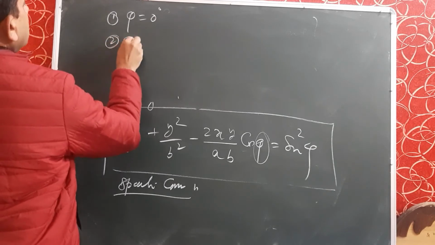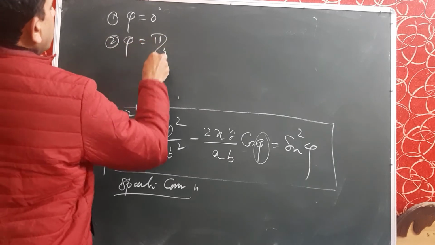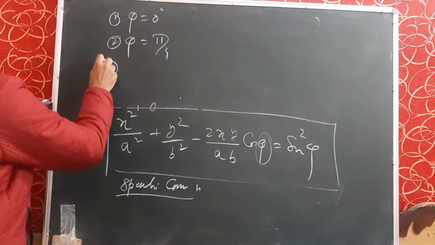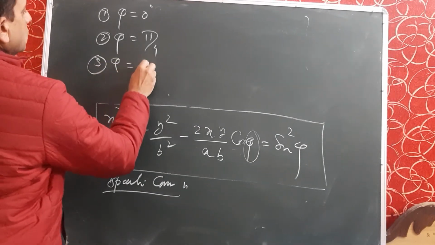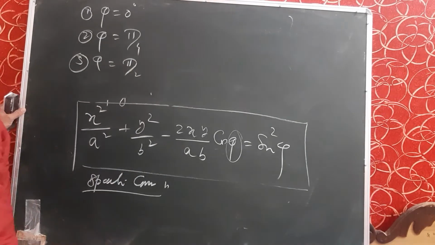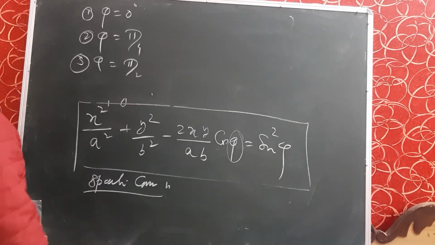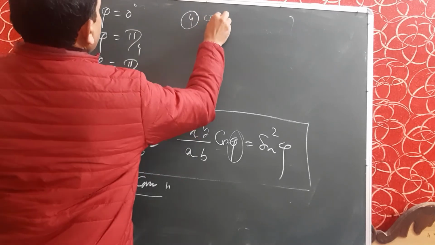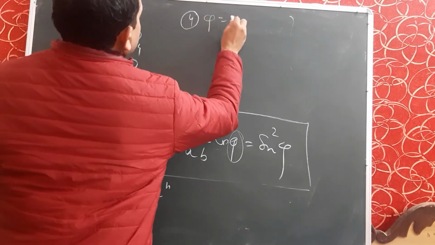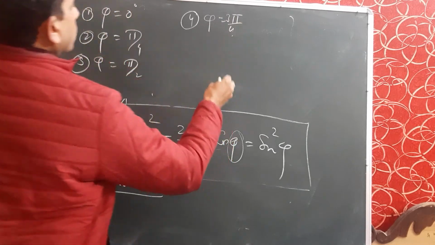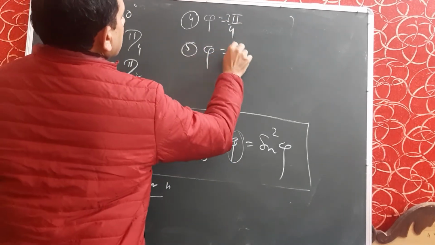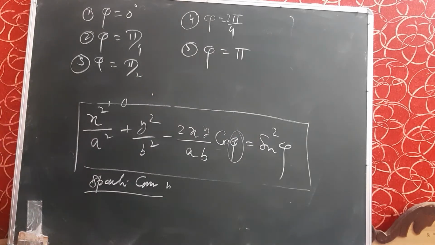Case number 2 when phi is equal to pi by 4 or 45 degree. Case number 3 when phi is pi by 2, that is 90 degree, and case number 4 when phi is equal to 3 pi by 4. Case number 5 when phi is equal to pi, means 180 degree.